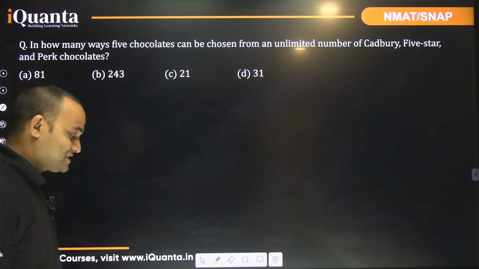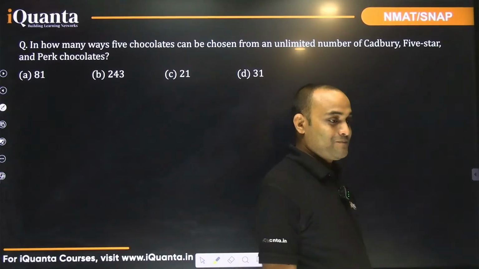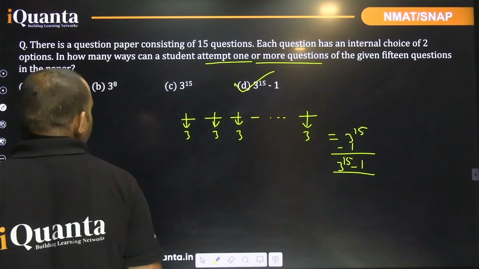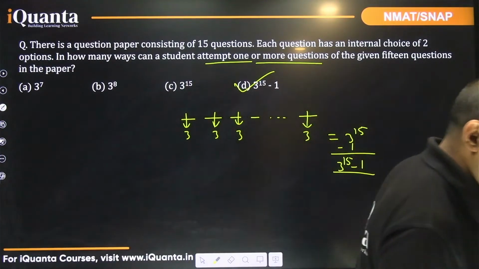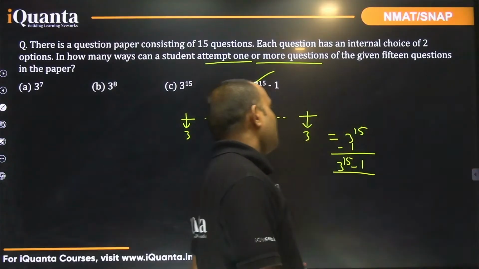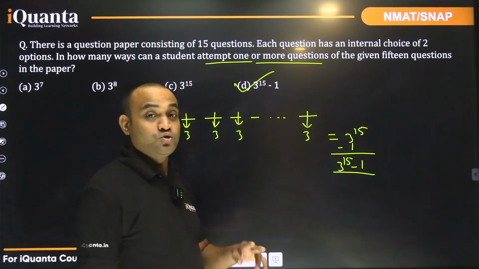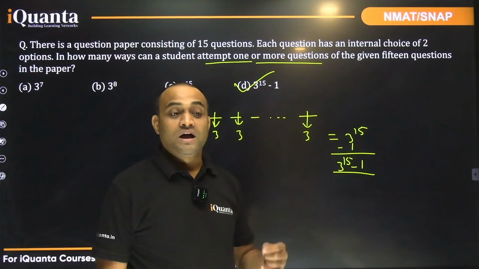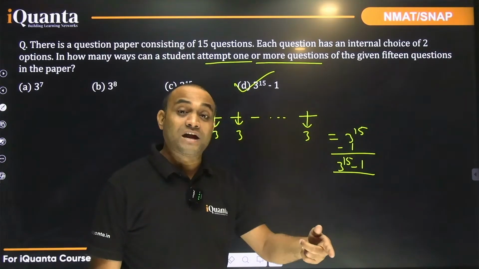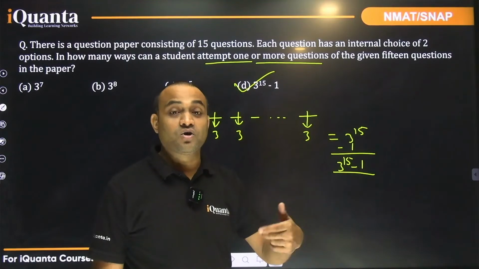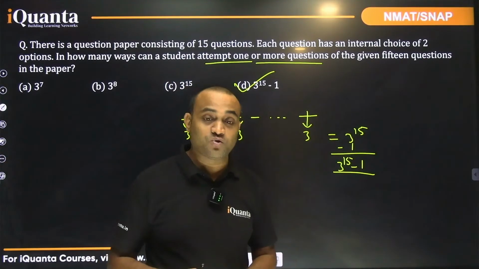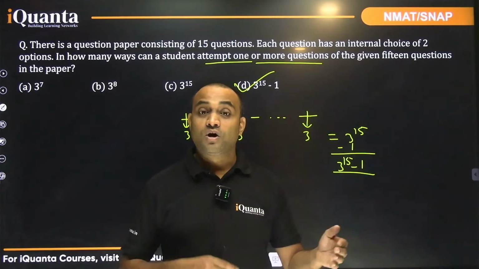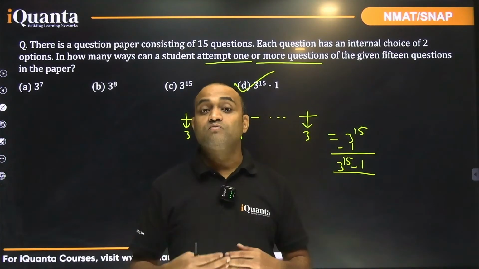Now this is a really good question. In this question, we have 2 options given, and the student also has an option to not attempt a question, because we also have to take into consideration that he is attempting 1 question or 2 or 3 or more than 1 question.